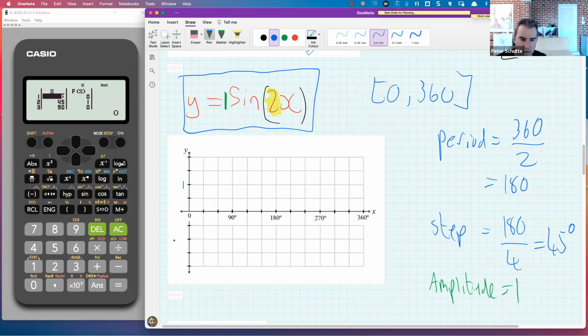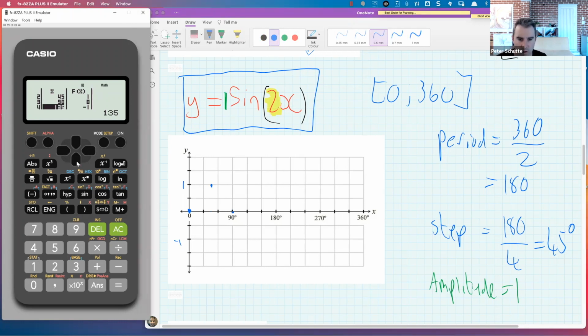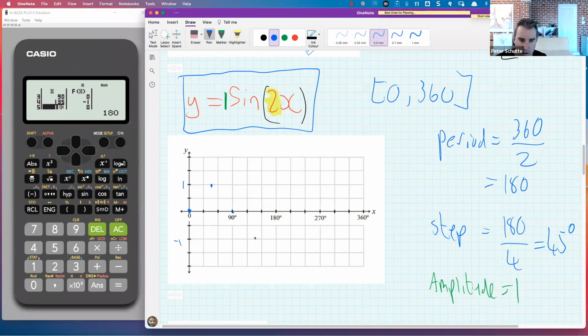So let's make it 1. So I start off here, and then at 45, I get to 1, and then here I get to there. Okay, so let me know when you've had a crack at doing this. Then I'll make some more comments.